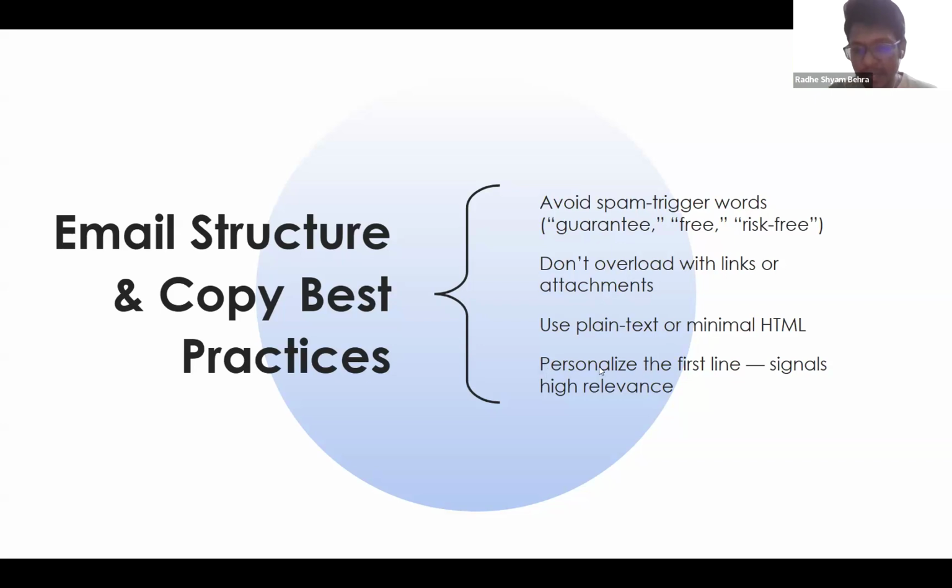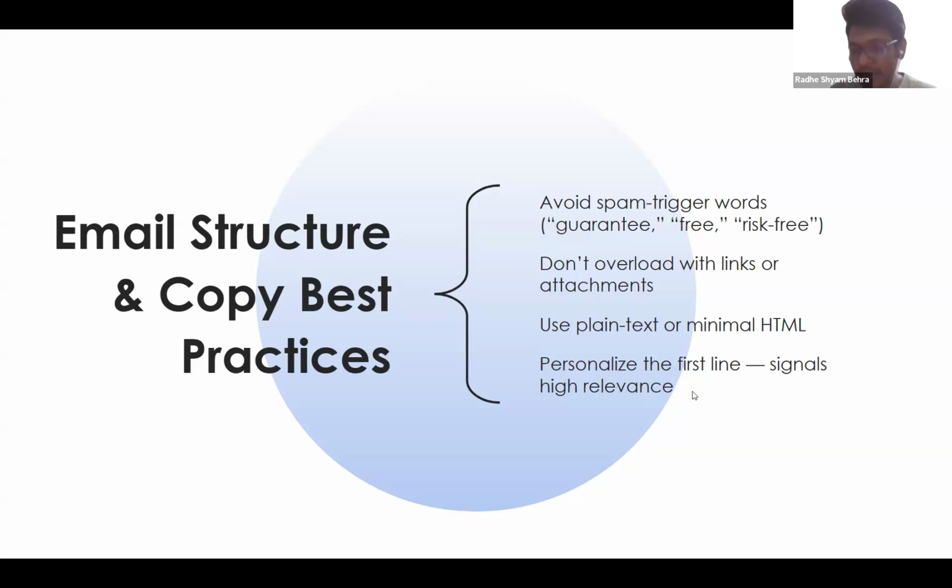Another important point is personalization. Not just the first line, whatever you can personalize, whatever kind of relevance you can bring into the picture. In one of the webinars we talked about earlier with you, Ritesh, high relevance means high chances of follow-up and conversion, right?